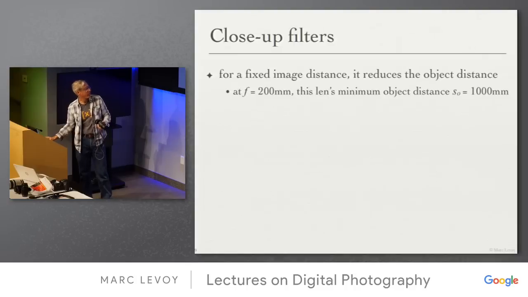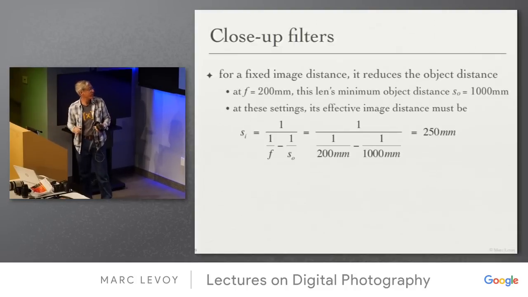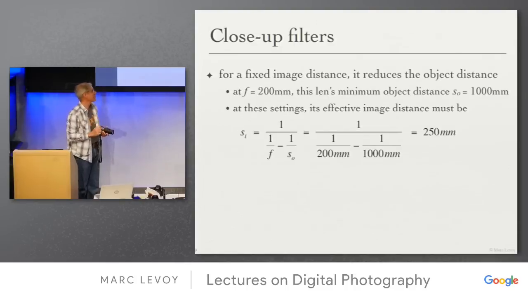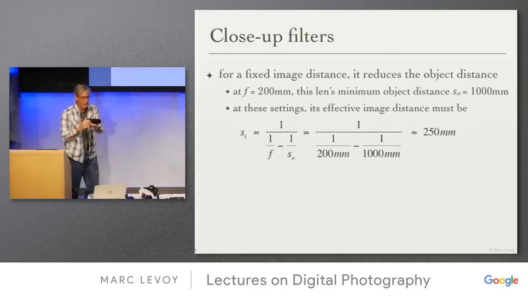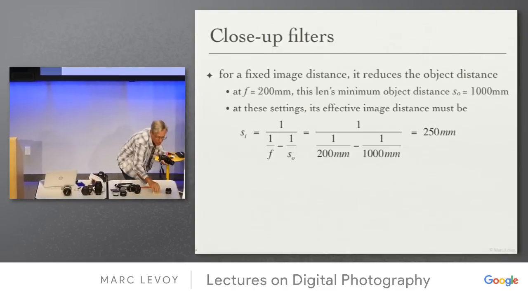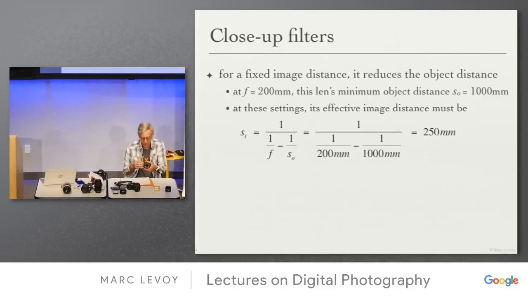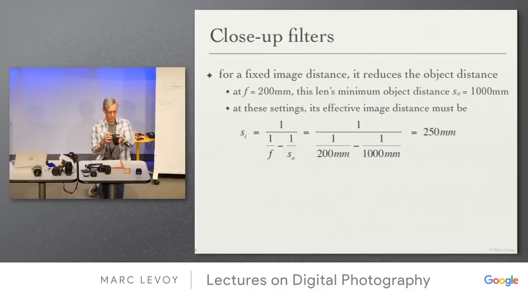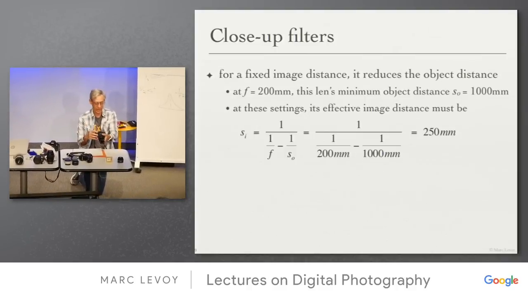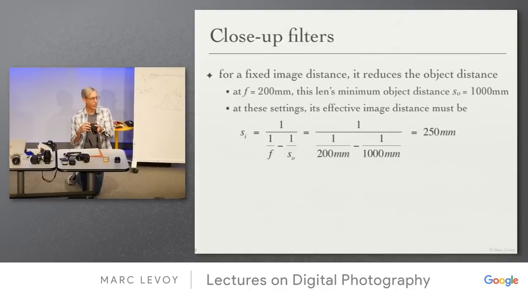So its minimum object distance is 1,000. Its minimum image distance is 250, and that's what this is, 250. And so I can focus on something that is a meter away, but not any closer. I'll show you the images in a second. So I have to go a meter away.